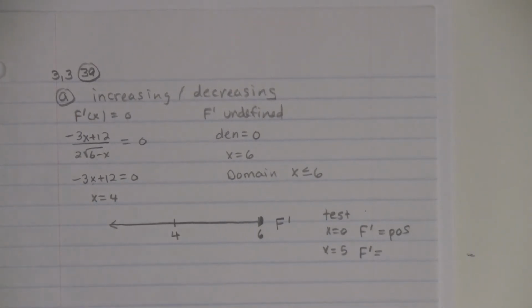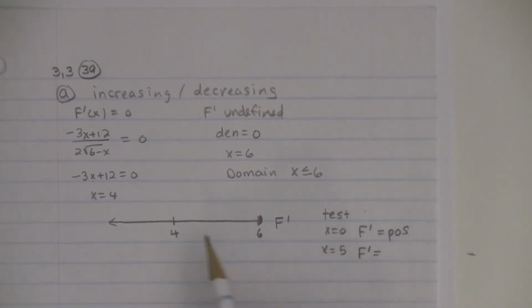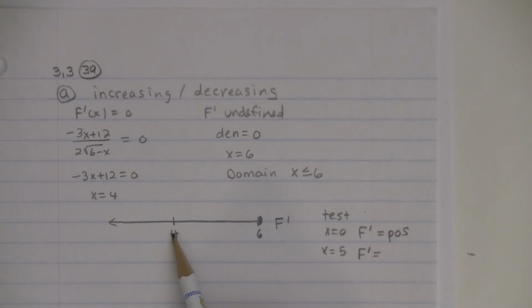Now I got this question, and it was actually about the second derivative. They were asking on inflection points, but I do want to mention it right here. Someone asked, what if I get 0? And if you get 0, then you've made a mistake, because you are supposed to be having your zeros and your undefined points as your critical points, and you should be checking things that are not critical points.